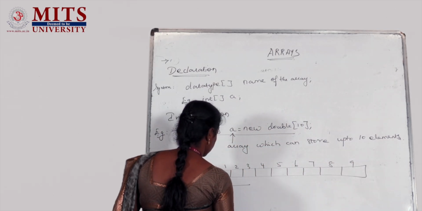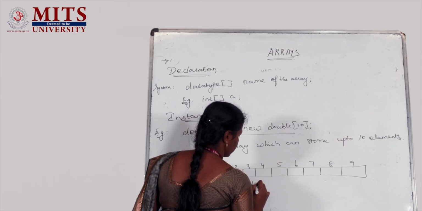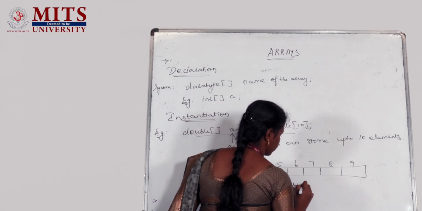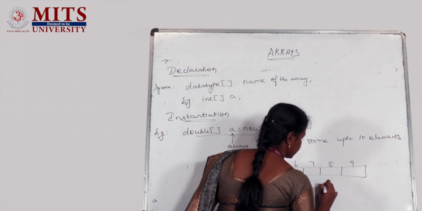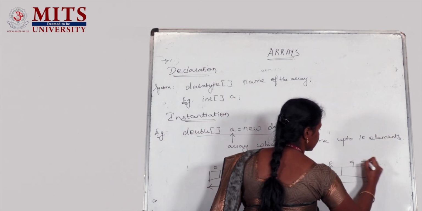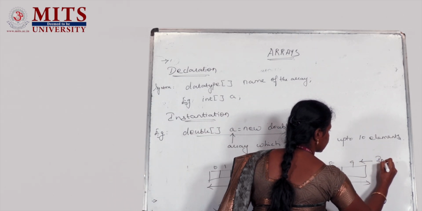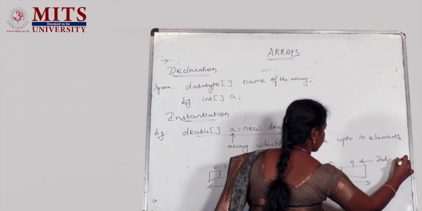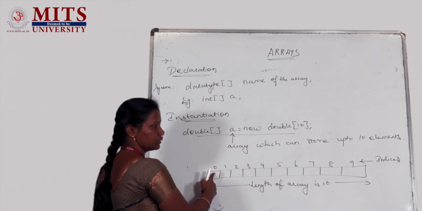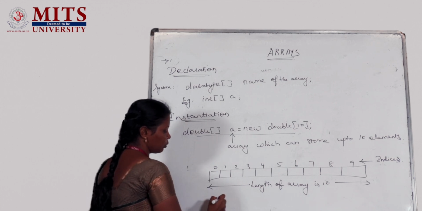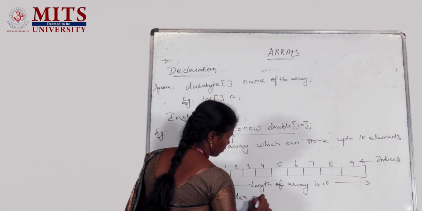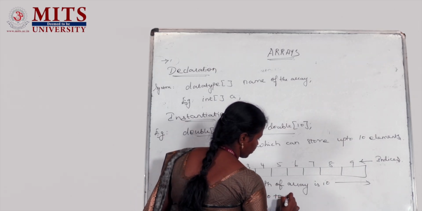So this length of the array is 10, whereas these are called indices. The index of the array will always start from 0. So the index will be 0 to n minus 1.